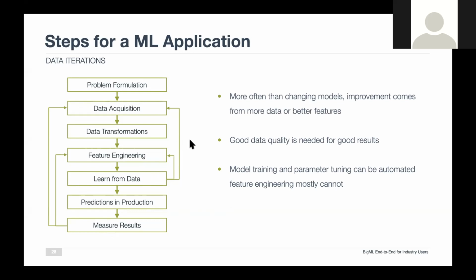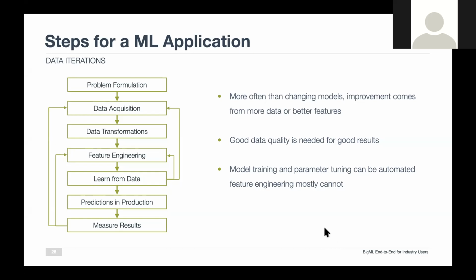Also, another very important and fundamental fact is that the quality of the data is directly proportional to the quality of the result. If my data is not of good quality, or is not realistic, or maybe it is incomplete, I cannot expect good results in the end. So it's important to have good quality data.